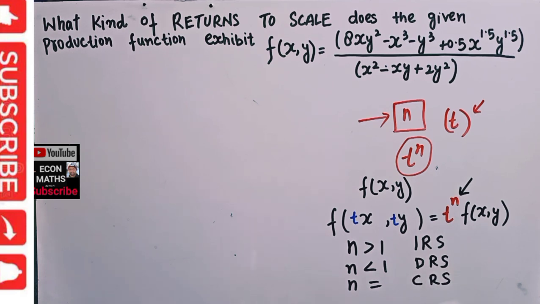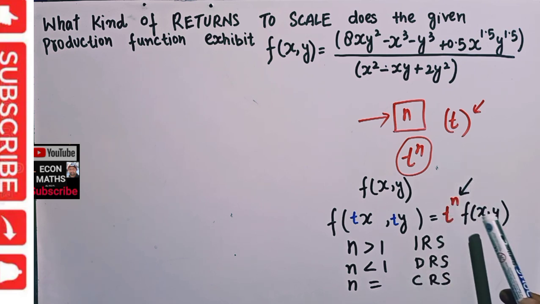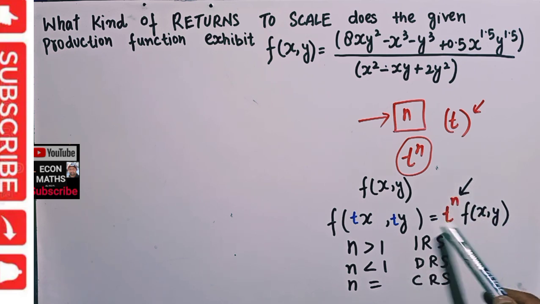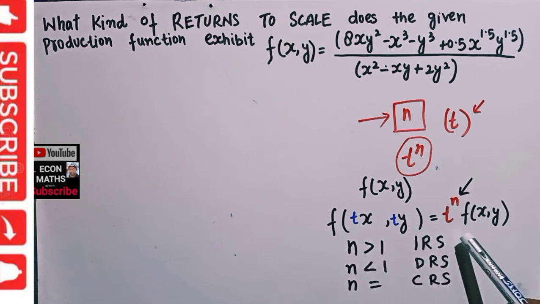Given a production function, if each input is multiplied by a factor t, and if the output increases by a factor t raised to the power n, we say the given production function is homogeneous. And the degree of homogeneity depends upon the value of this exponent n.